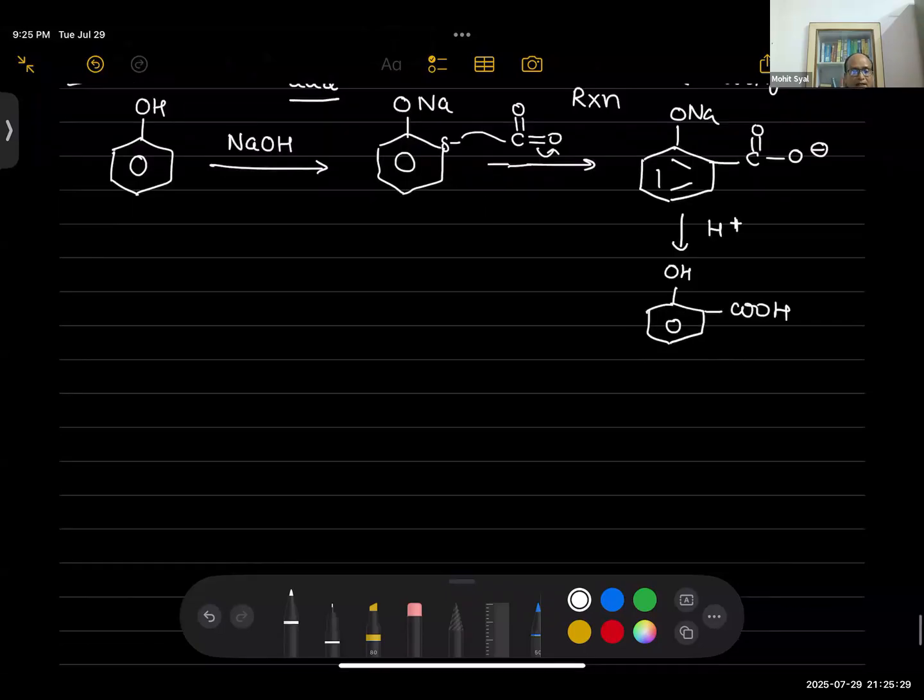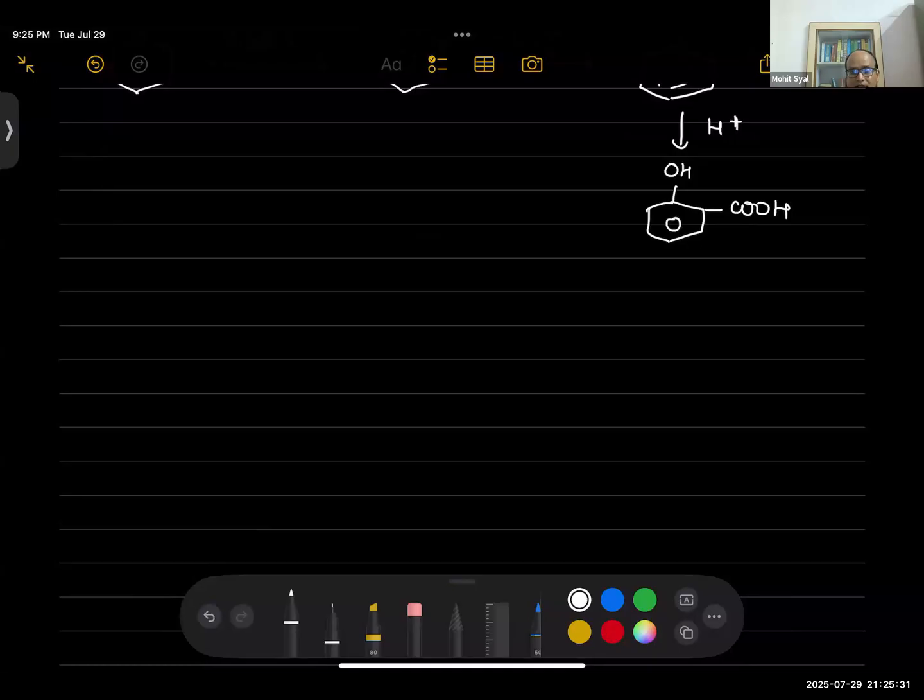So suppose if I ask Aisha, Jaslin, if I ask both of you, starting from phenol, can we prepare aspirin? This is a common question asked every time. Okay. Starting from phenol, can we get aspirin? So aspirin directly we cannot get.